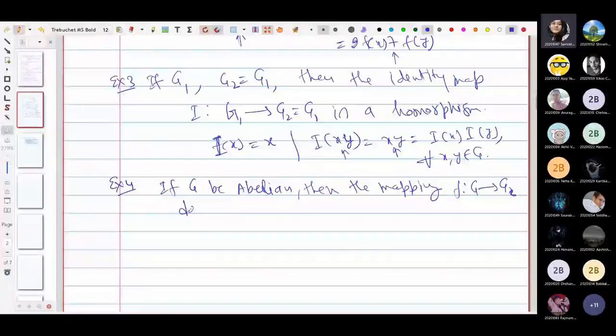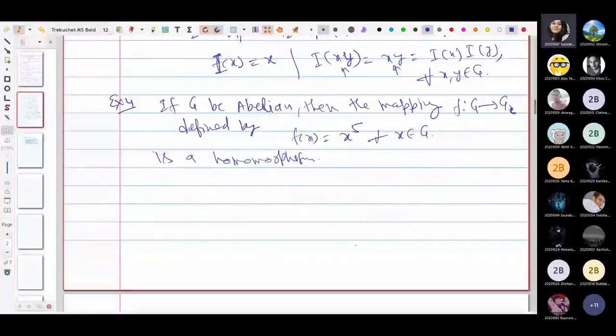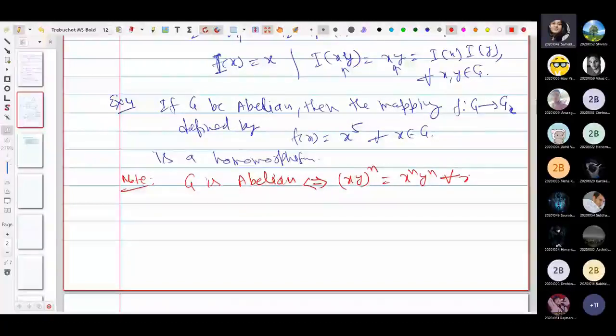Because G is abelian, we can note the following; you can prove it if you want. G is abelian if and only if (xy) to the power n equals x to the power n times y to the power n for all x, y belonging to the group G. So this we are going to use.